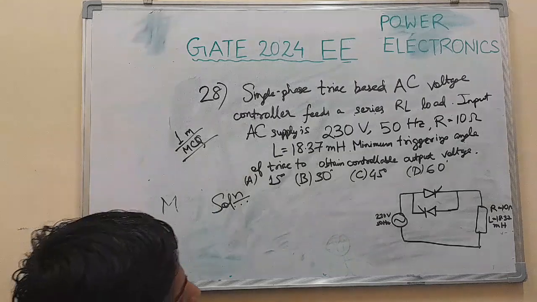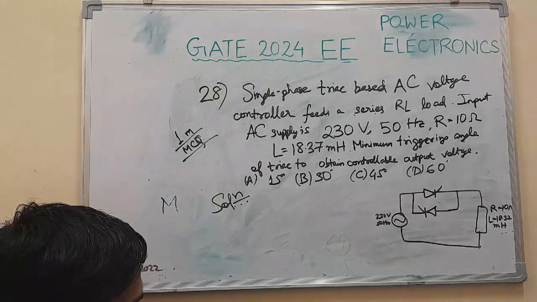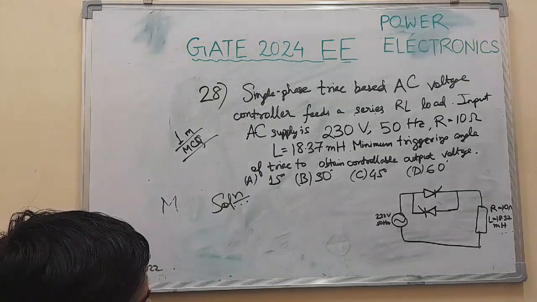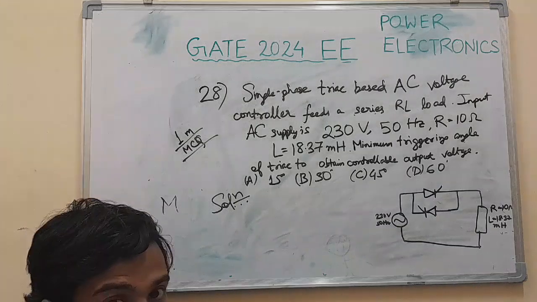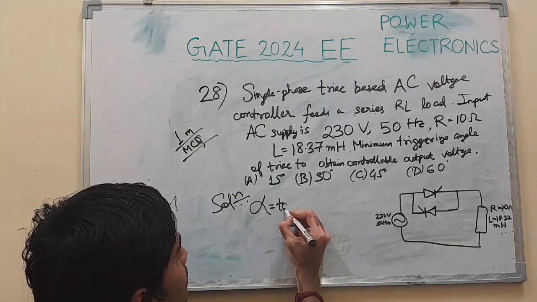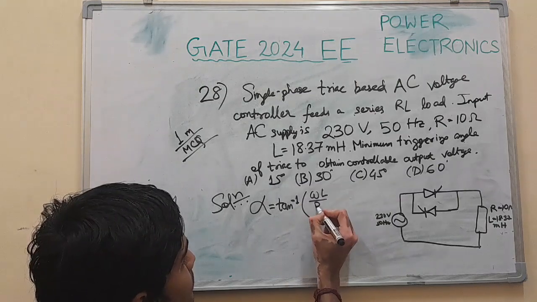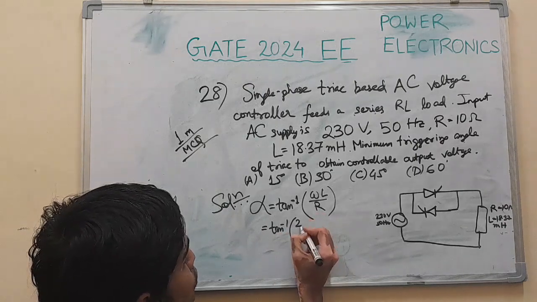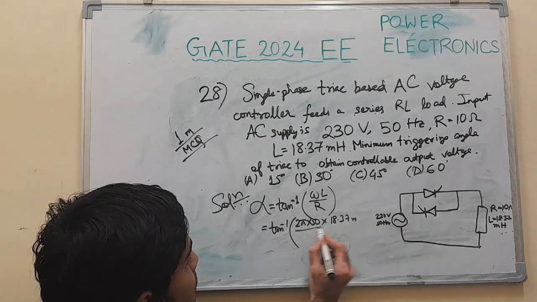There is a formula for the minimum triggering angle, and it's pretty simple in this case. The minimum triggering angle is given by alpha equal to tan inverse of omega L by R. So tan inverse of 2 pi into 50 into 18.37 milli by 10.